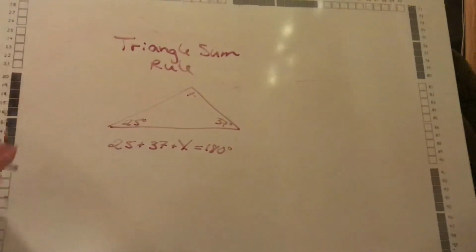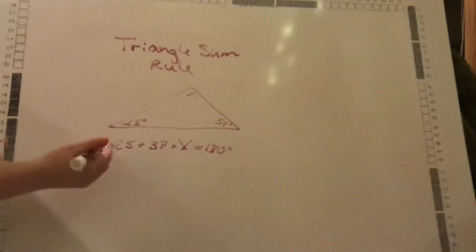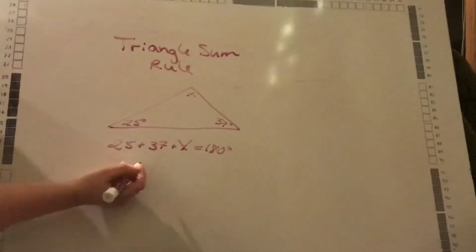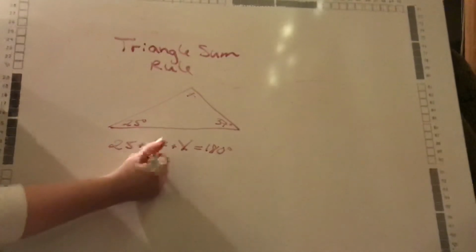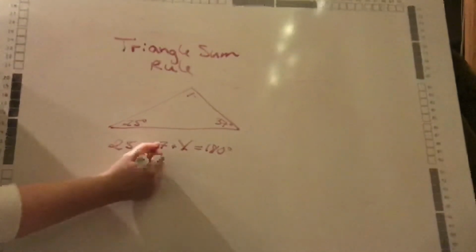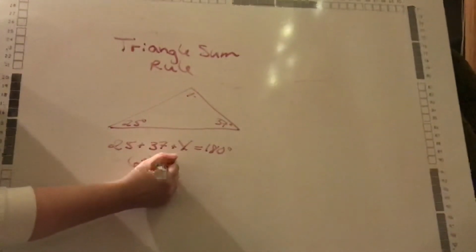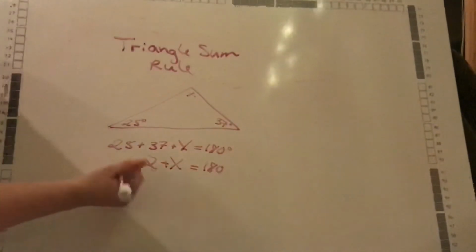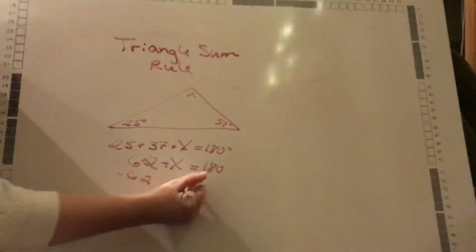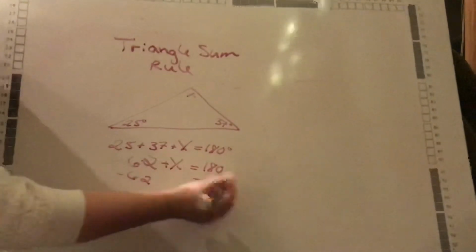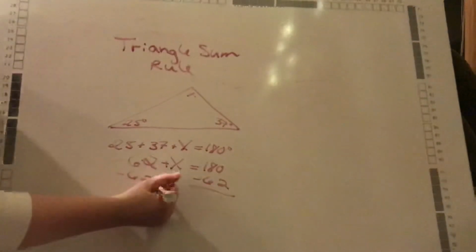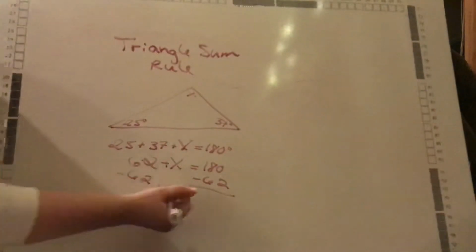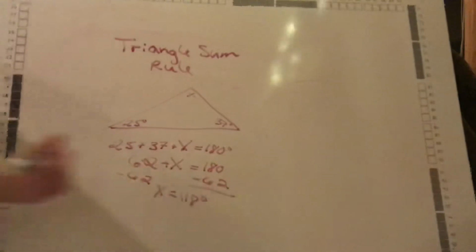So we would solve for x. First we add 25 plus 37, which is 62, plus x equals 180. Subtract 62, subtract 62, and we get that this angle x equals 118 degrees.